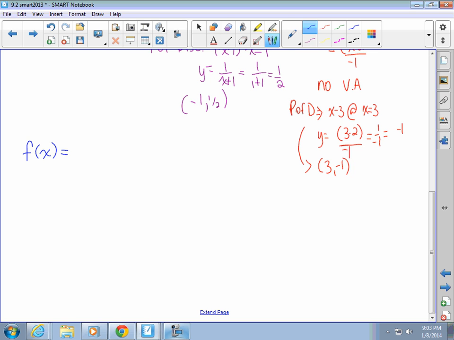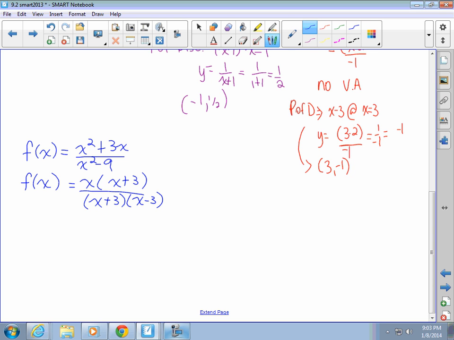f(x) is equal to x squared plus 3x over x squared minus 9. So my first thing is to factor. x squared plus 3x becomes x times x plus 3. x squared minus 9, difference of squares, so that's x plus 3 times x minus 3.